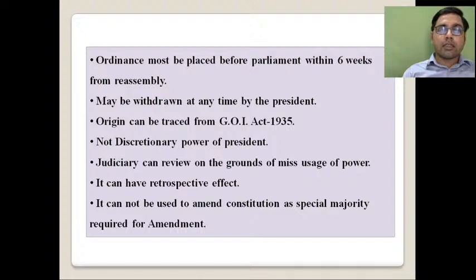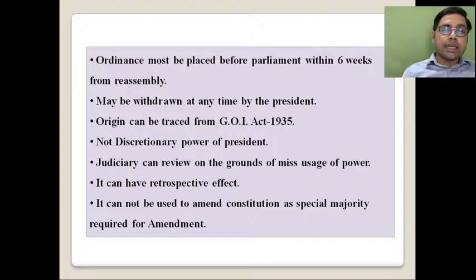Any such ordinance promulgated by the President will have the same effect as a law enacted by the Union Parliament. So president द्वारा promulgate किया गया ordinance का effect same होगा, वैसा ही होगा जैसा किसी ordinary law का होता है, जैसे parliament enact करते हैं.